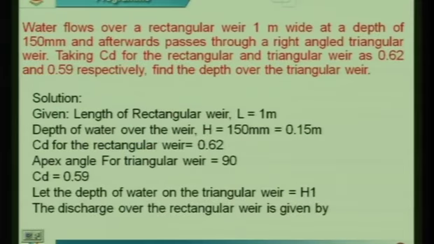What it says is Q is equal to A1 V1 is equal to A2 V2. What is A1 V1 in this case? A1 V1 is the discharge over the rectangular weir. What is A2 V2? A2 V2 is the discharge flowing over the V notch. Again I repeat, the discharge flowing in the channel is the same amount of discharge flowing over the rectangular weir, and the same amount of discharge flowing over the V notch.